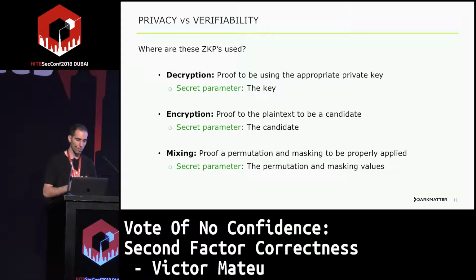During the encryption, sometimes you also need to prove that the thing that you encrypt is a proper candidate. This proof just needs to prove that you have done that, but without leaking the candidate, of course. So this also exists. And in the mixing, as I explained, the only thing is that there is the permutation masking values, and then you just prove them right with this secret.